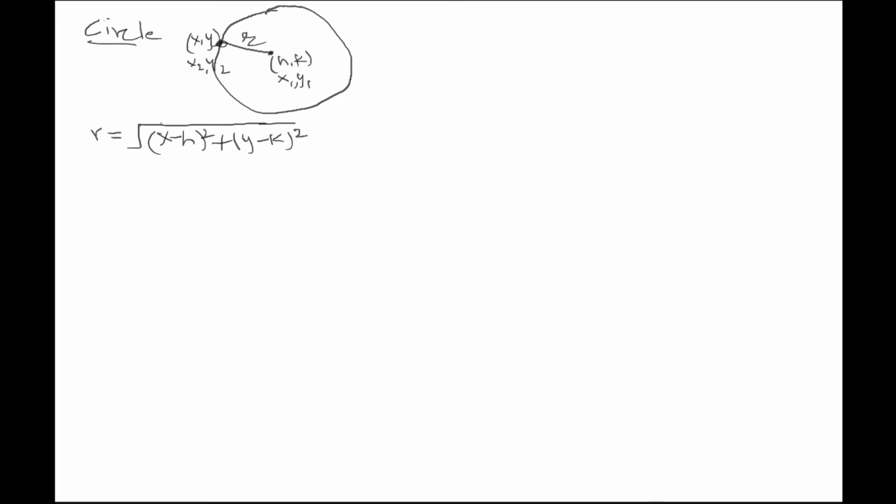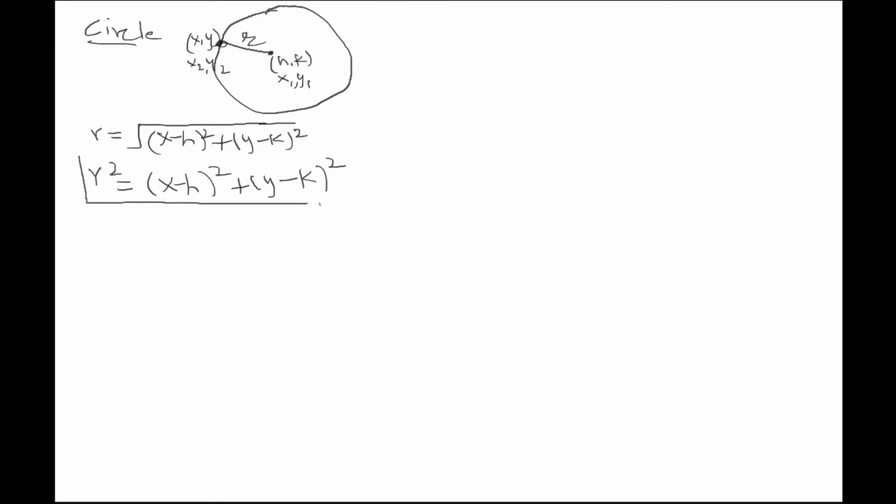If you want to get rid of the square root, square both sides. You get r squared equals (x minus h) squared plus (y minus k) squared. So this is the equation of a circle.